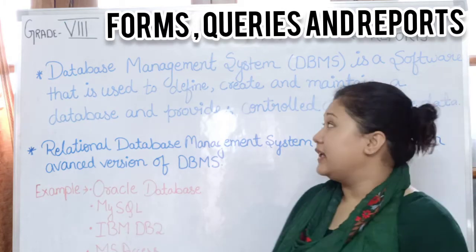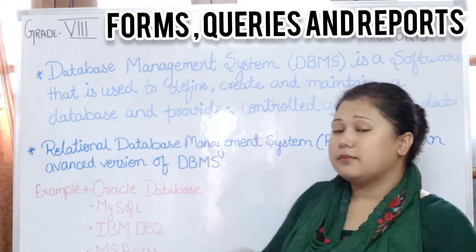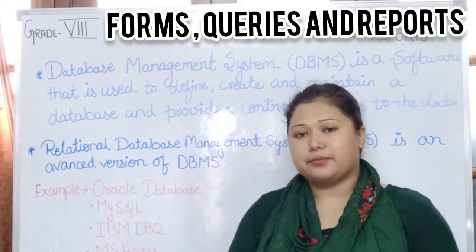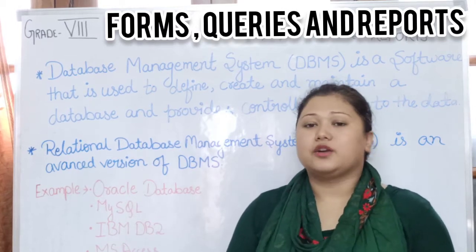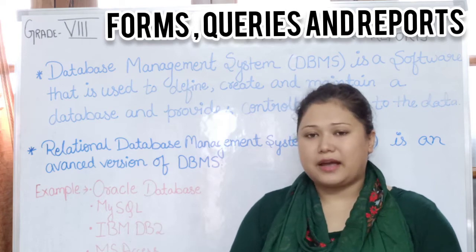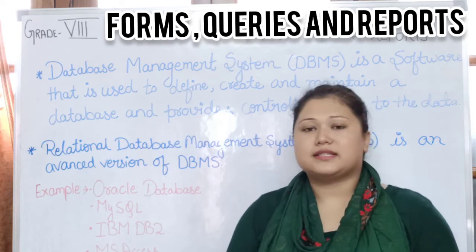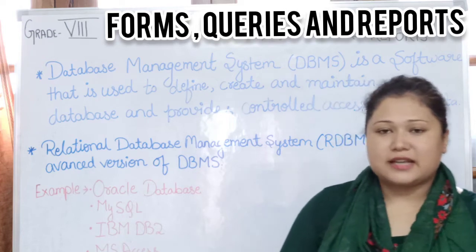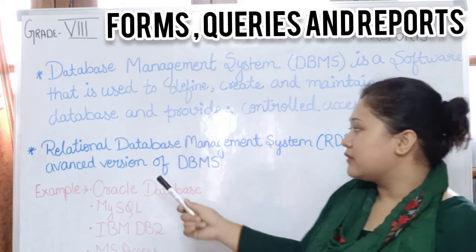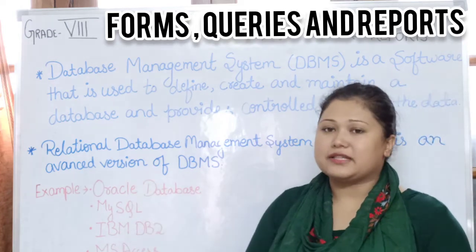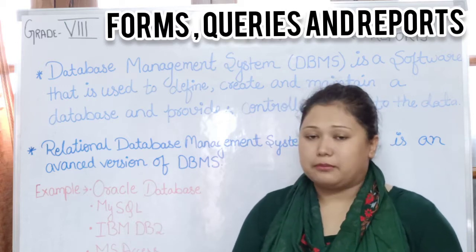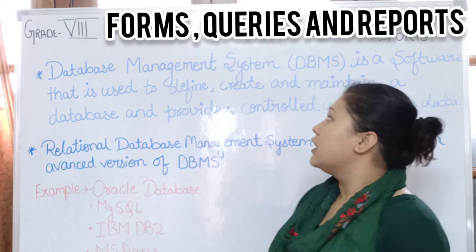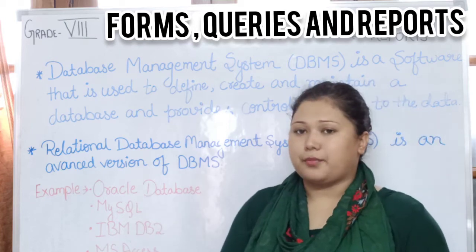So for learning about forms, queries and reports, knowing what a database is and about the relational database management system is a must. So let's start with the relational database management topic, and further we will learn about tables and then we will learn forms, queries and reports.